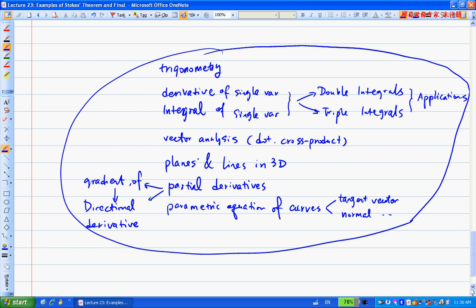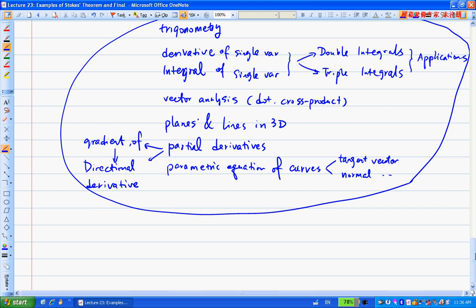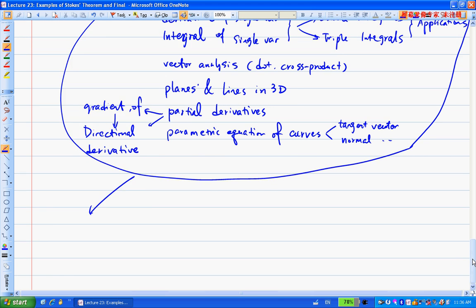Not necessarily everything, but all of this provides the nutrients to what we use next. I'll draw another circle here, but it's out of space now. So the next topic is integral in vector fields.